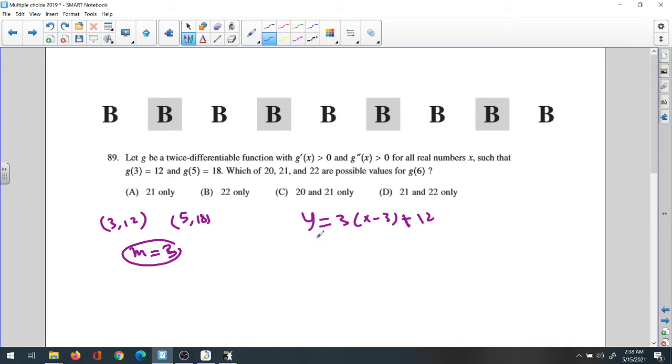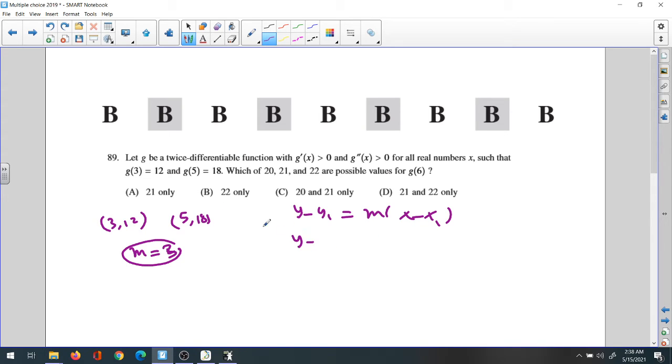Again, the equation will be m times (x minus x1) plus b, so here it is 3 times (x minus 3) plus 12. You could set it like this if you're confused. Don't worry about it. If you're confused, here's y minus y1 equals m times (x minus x1). I remind you by the algebra here.